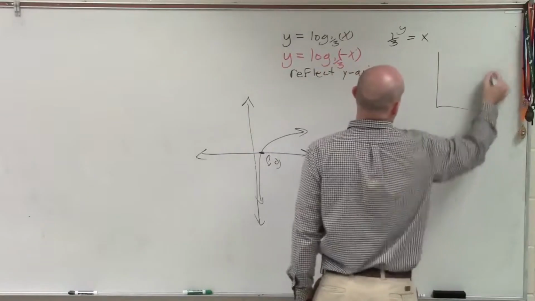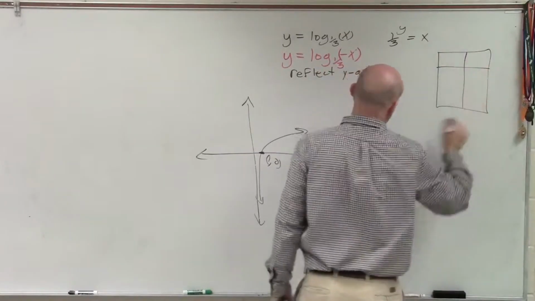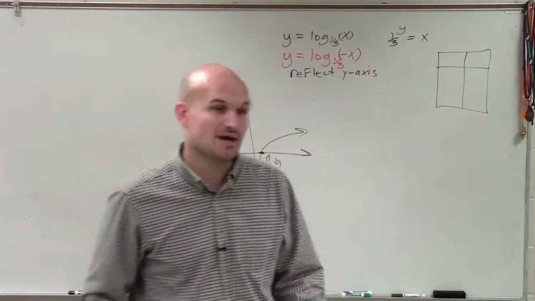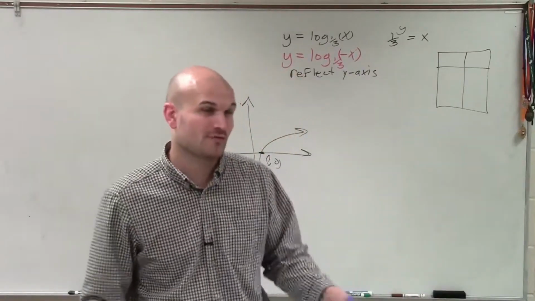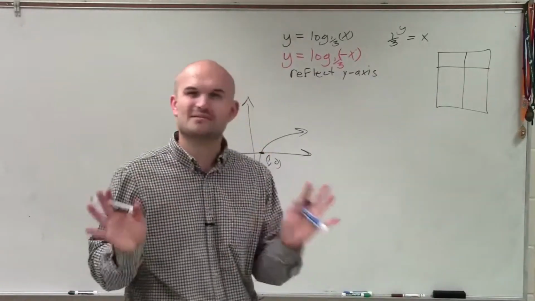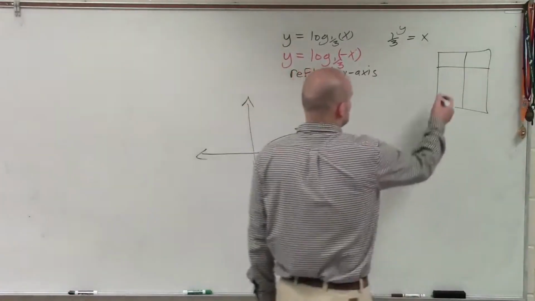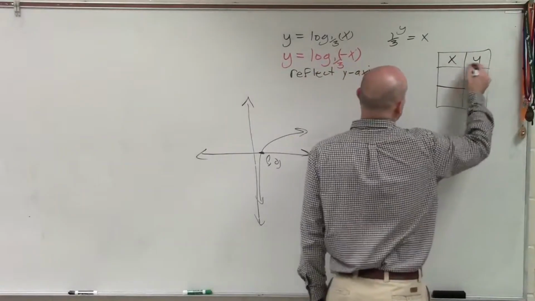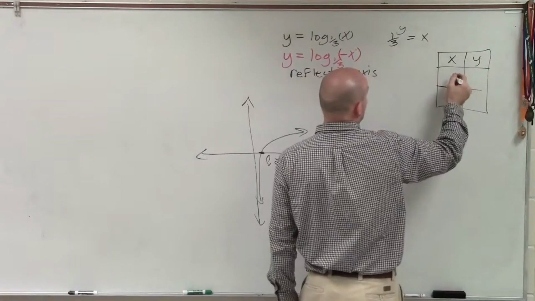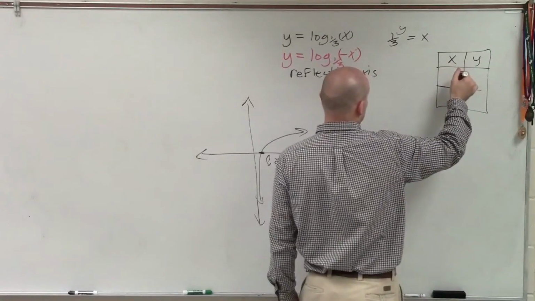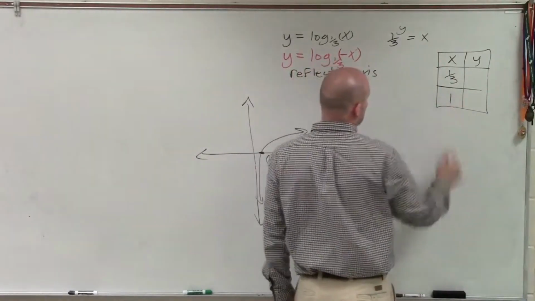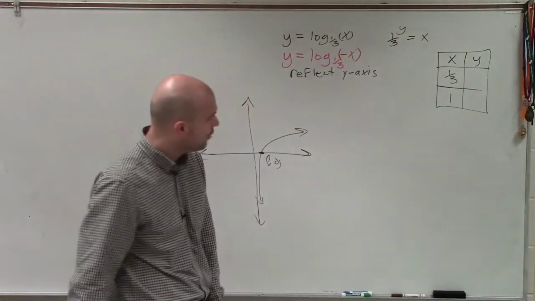So by creating a table of values, when graphing a logarithmic equation, you could obviously create a whole bunch of values if you want to, and graphing technology will work for that. But since I'm just making a video with no calculator, I'm going to only do 2 points, and I'm going to make them kind of simple. So the 2 points that I always like to use are when x equals my base, which in this case would be x equals 1/3, and also when x is equal to 1.